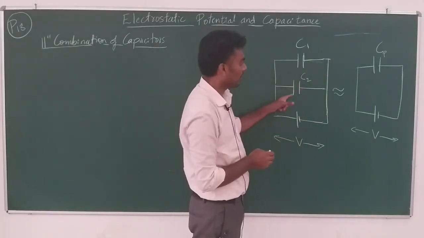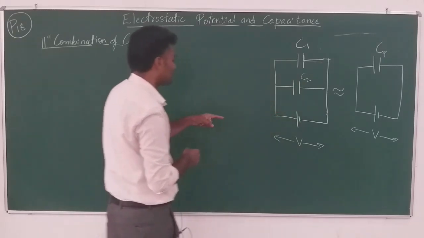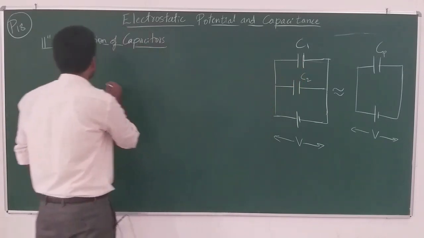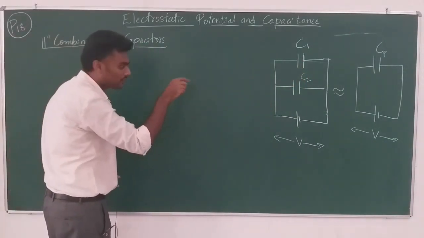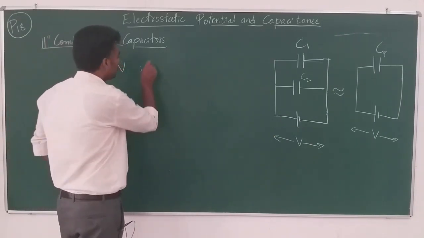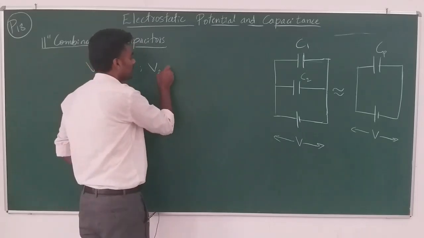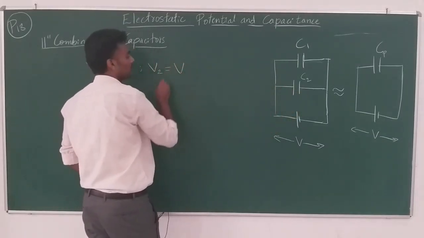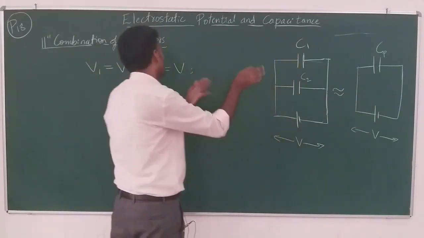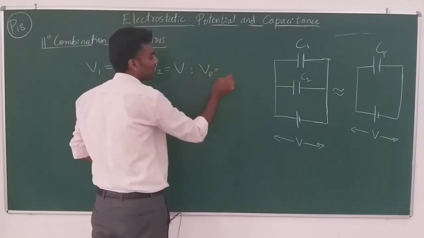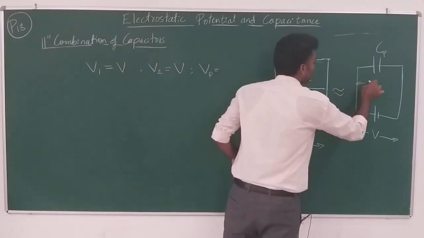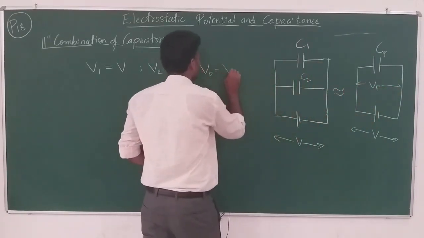When I write the expression for the potential difference across C2 and C1, I can write V1, the potential difference across C1, is equal to V. And similarly V2, the potential difference across C2, will also be V itself, and for the effective one, there also it is V. So Vp, the potential difference across the effective capacitor, is again equal to V itself.